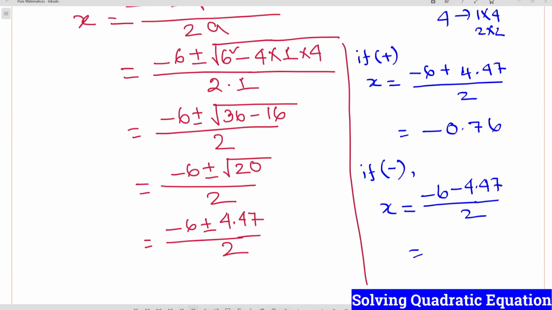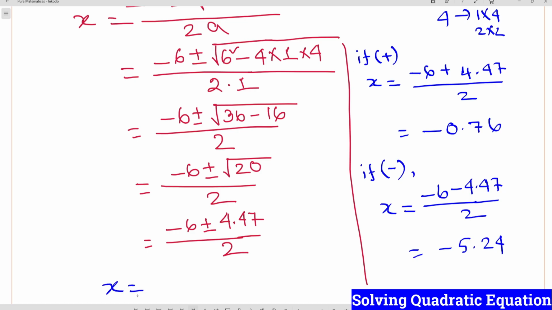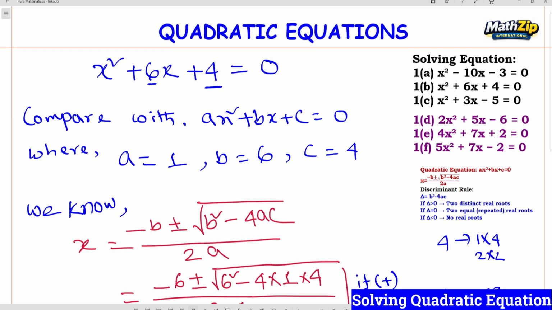Once we divide by 2, the result will be minus 5.235, or we can say minus 5.24. So we get two results: x equals minus 0.76 or minus 5.24. This is very important. So number 1a and 1b have been done.